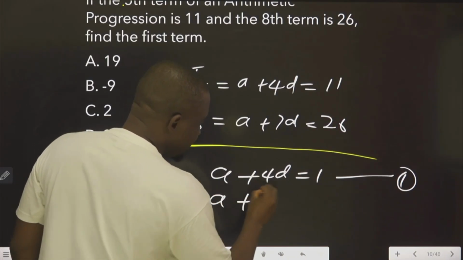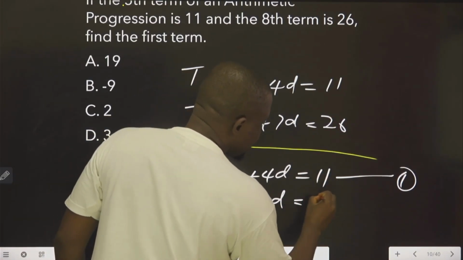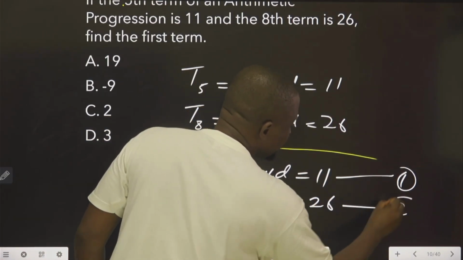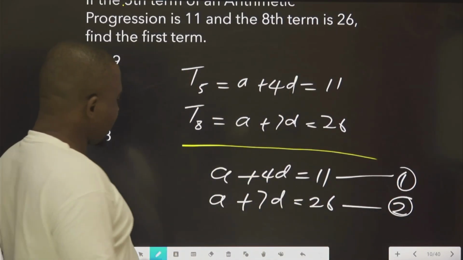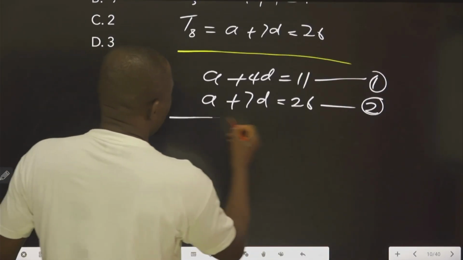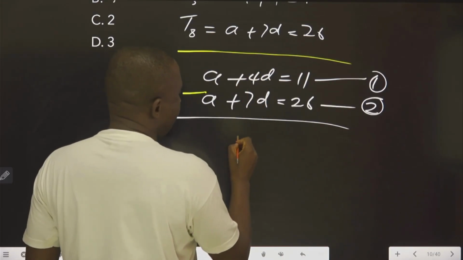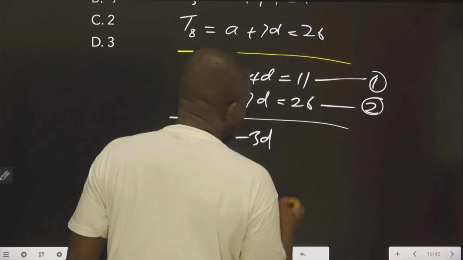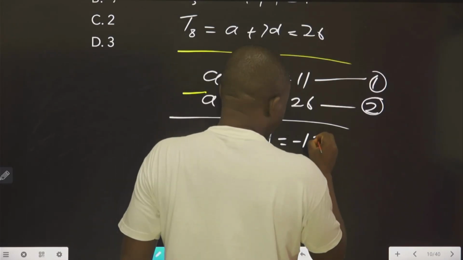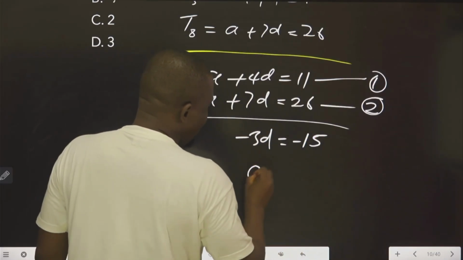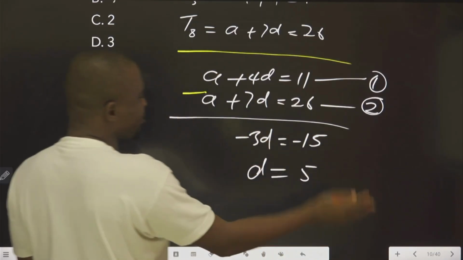While this is our equation 2. Okay? Now, put minus here. This will go. This will give us minus 3D, this will give us minus 15. D will give us 5 if you divide both sides by minus 3.